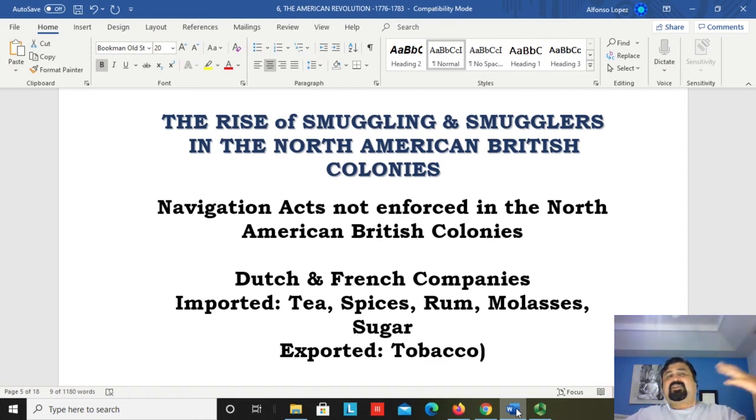And because the Navigation Acts were not necessarily enforced in the North American British colonies, they're going to feel somewhat relaxed, at ease, that they're not being persecuted for violating the rules of trade, even though they're actually violating them, because they're actually smuggling, of course.